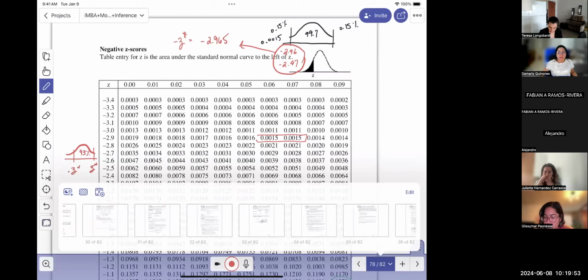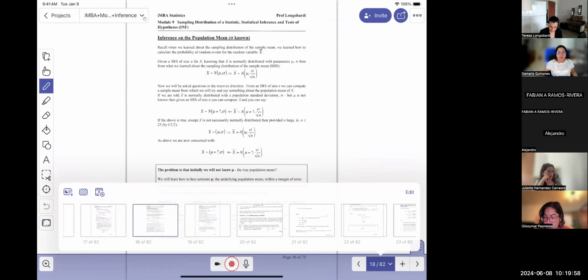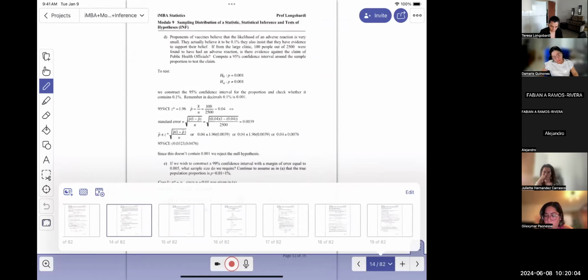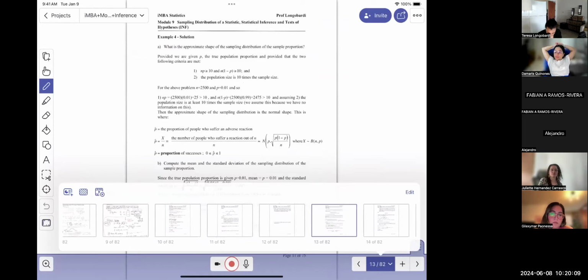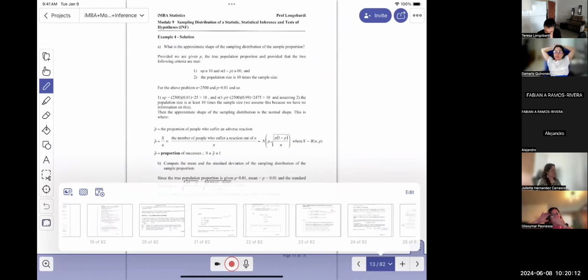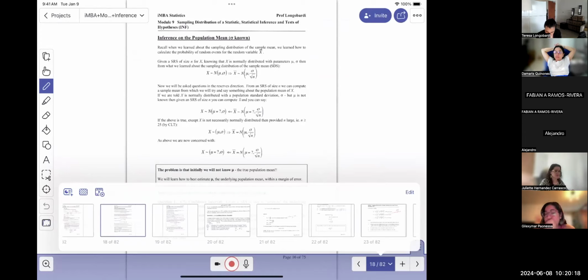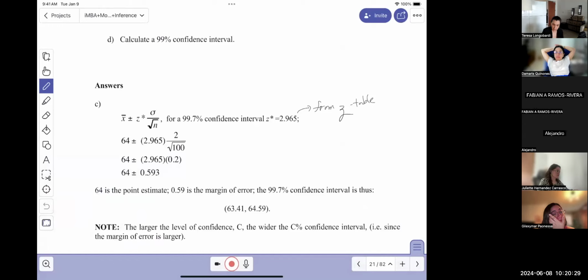Back to what I was talking about, 18. All right, so that's for confidence intervals. It wasn't 18, was it? Okay, 21. So this is from the Z table, this number that I got.